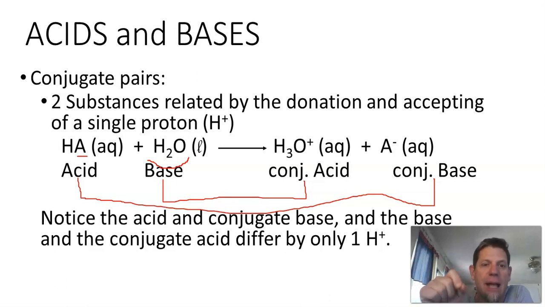The difference is an H+ on the conjugate acid. So as we continue to work through these, that's literally how hard it is to know which two things are conjugate pairs, is you're looking for those that differ by one H+. If there's more than one H different, then they're not conjugate pairs. So like H2O and H+, those are not conjugate pairs because they are not different by one H+. Okay?